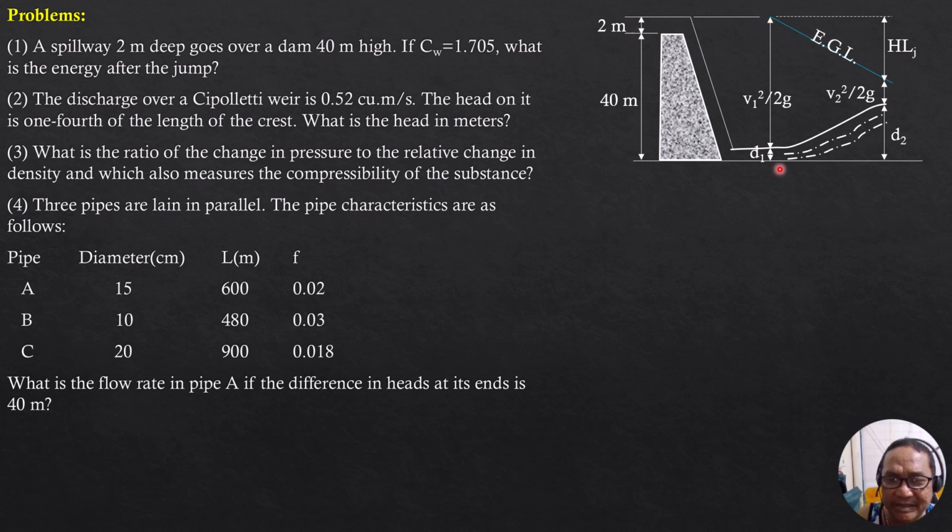So that's why this energy at section 1 is also 42 meters unless otherwise specified in the problem. So we can relate depth 1 in terms of V1 and vice versa by first computing the discharge.